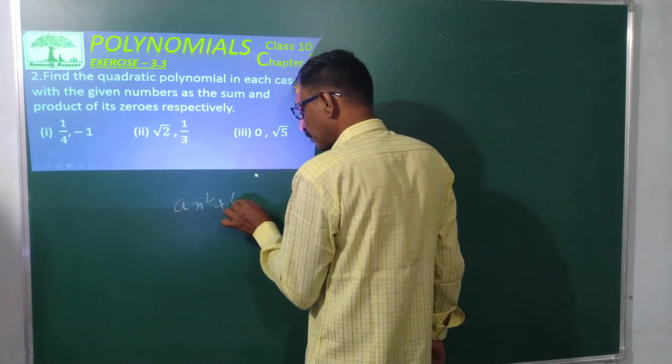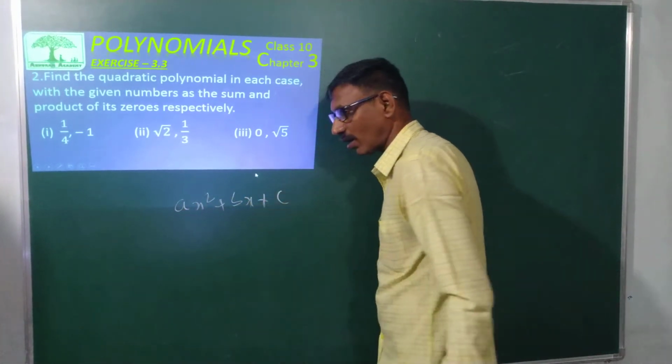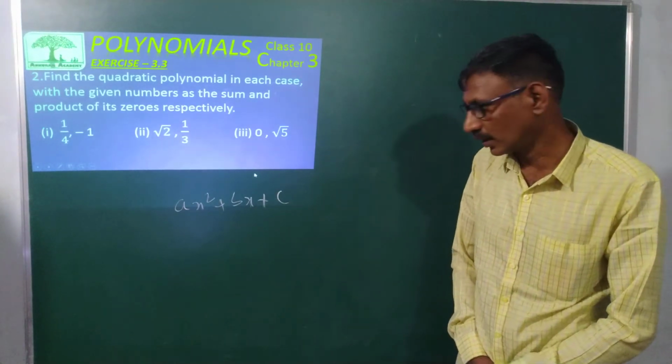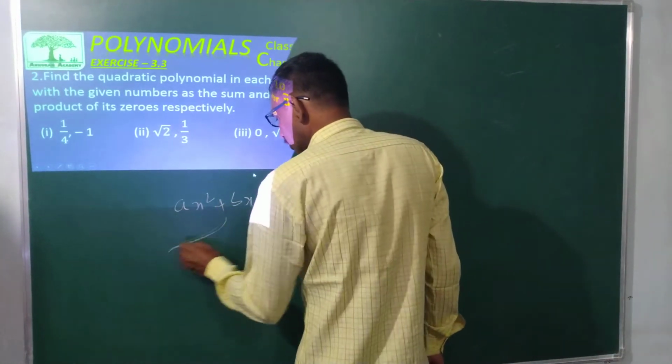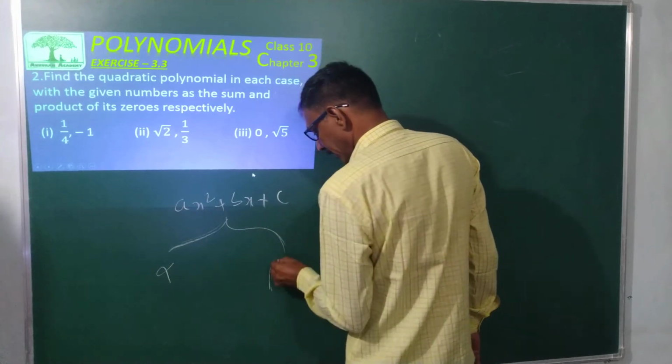ax square plus bx plus c is my quadratic polynomial. Its zeros are called alpha and beta respectively.